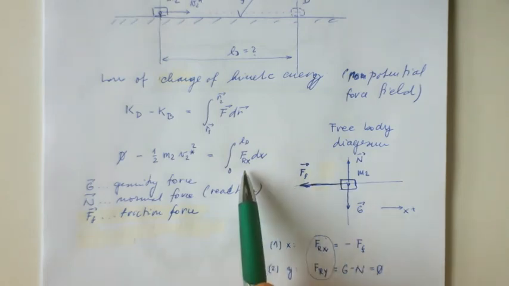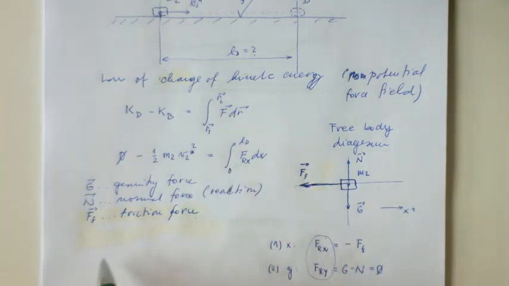So we can substitute into this equation. It is 1/2 of m2 v2 star squared is equal to the integral from 0 to LD of minus Ff dx.